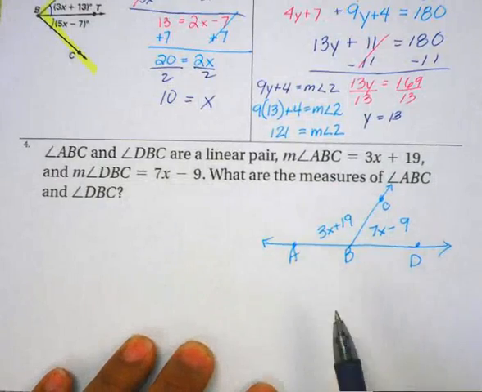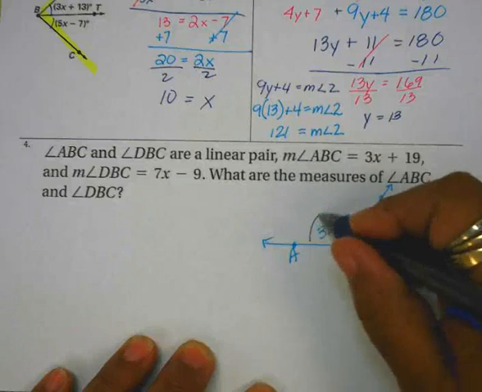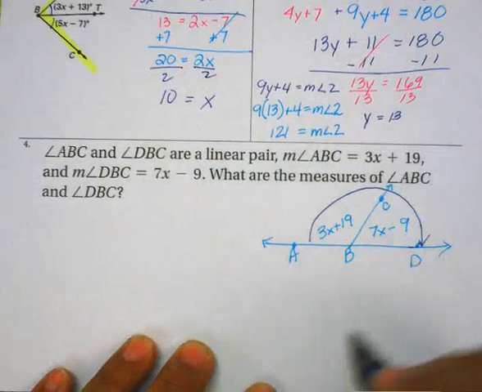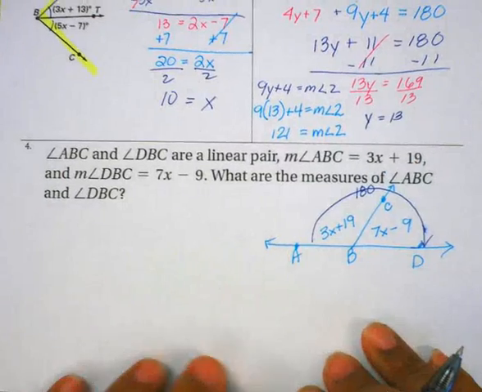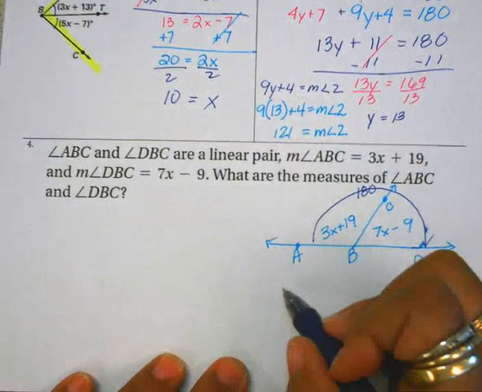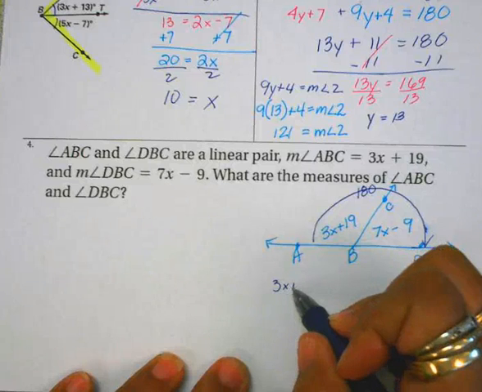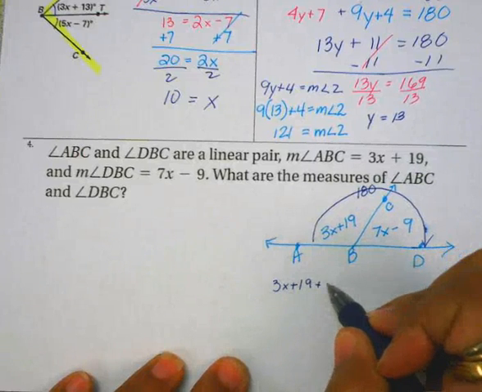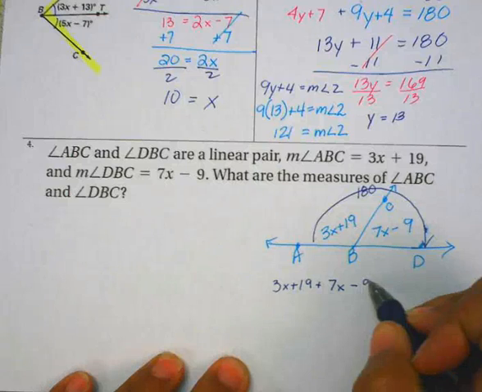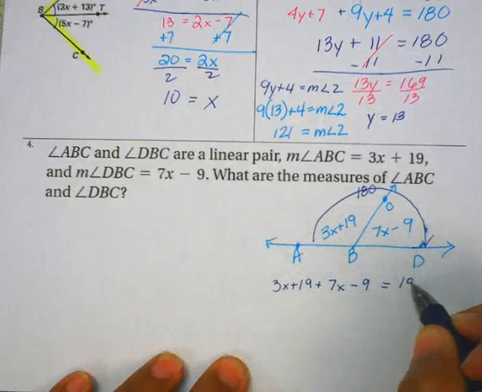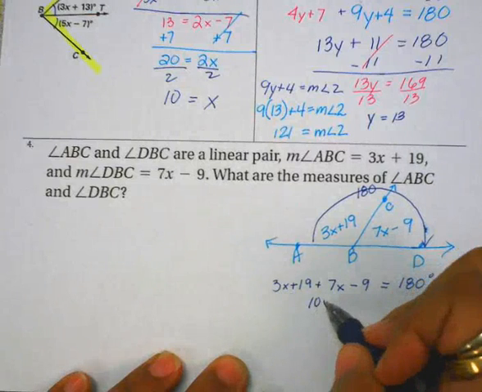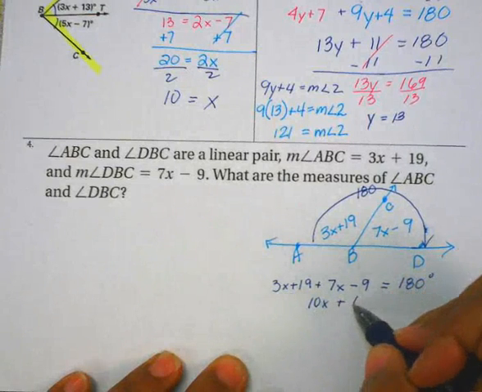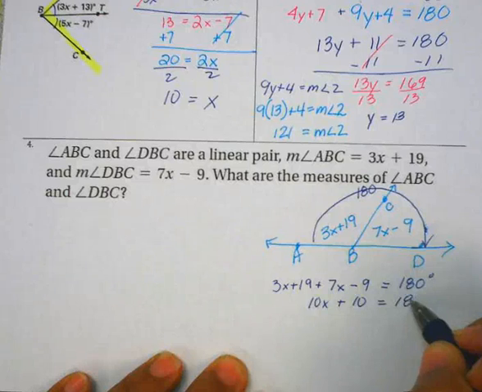Well, if you look at the diagram right away, you see that this linear pair has to add to 180. So we're going to set up our equation. 3x plus 19 plus 7x minus 9 equals 180. Combine like terms, 10x plus 10 equals 180.